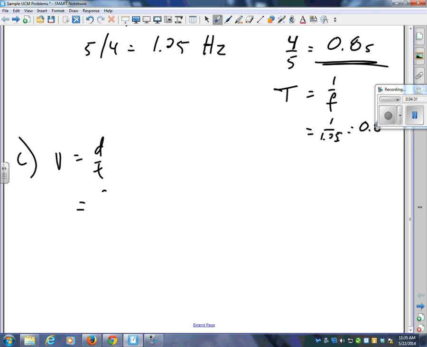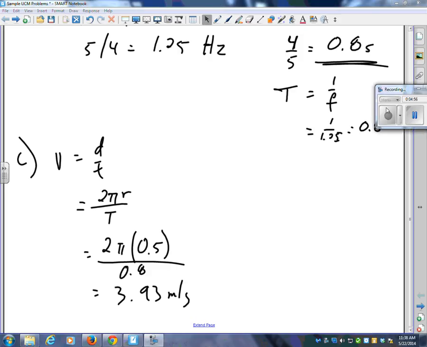Circumference, which is 2 pi r divided by the time, or the period. So 2 times pi, and the radius of our string here is 0.5, and we divide by our period, which is 0.8. Okay, so we got a velocity of 3.93.